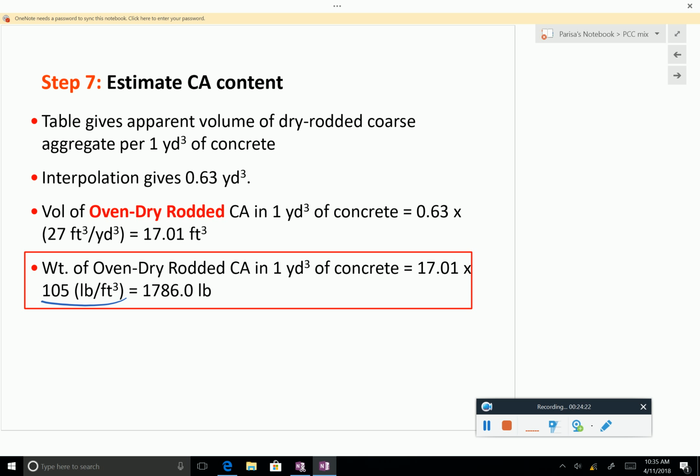Now you need to calculate, this is the oven dry. That means that all the moisture is gone. Now you have the moisture content and absorption, which is moisture content at SSD condition. And you've learned how to calculate the rate. So now it's the time to use that knowledge.